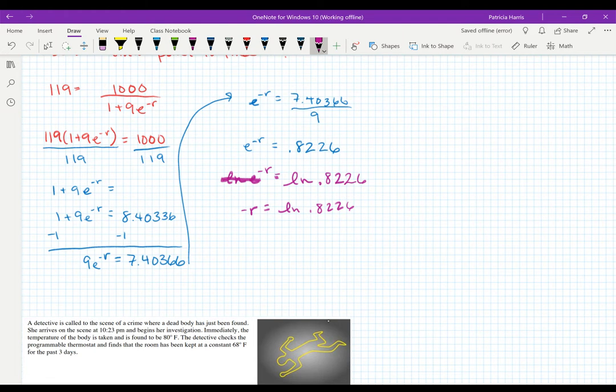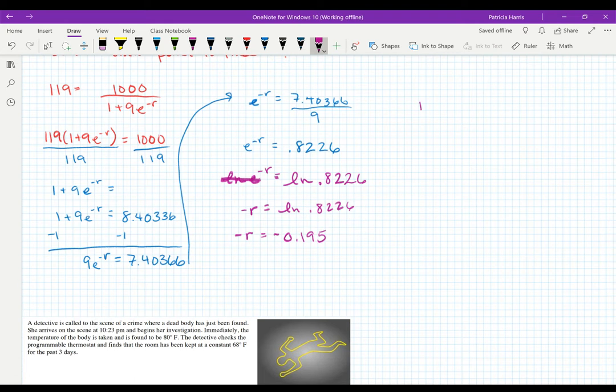Okay, so I get negative r is equal to negative 0.195. Normally we would cancel out the negatives, but since we have a negative r in the equation, we don't need to worry about that.